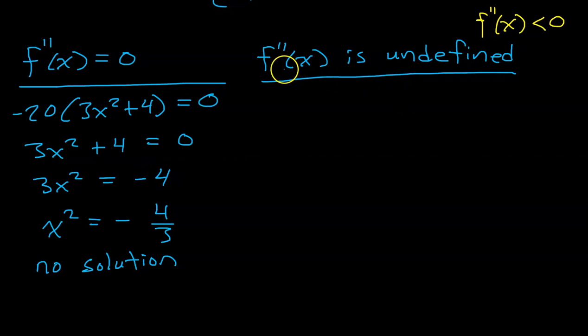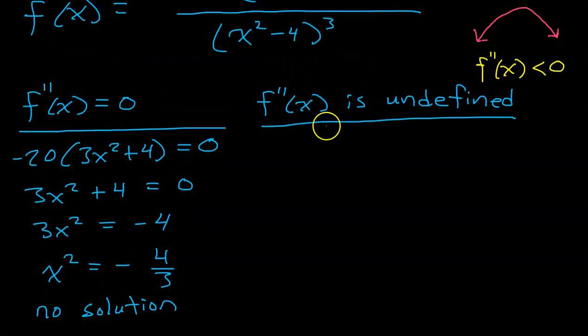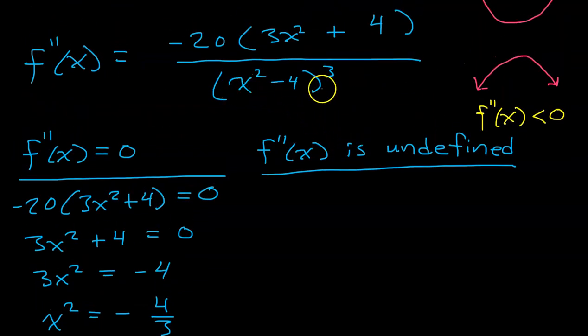How about where the second derivative is undefined? That will be where the denominator is equal to 0. So let's check that out. (x squared minus 4) cubed is equal to 0. If I take the cube root of both sides, I'm going to get x squared minus 4 is equal to 0.